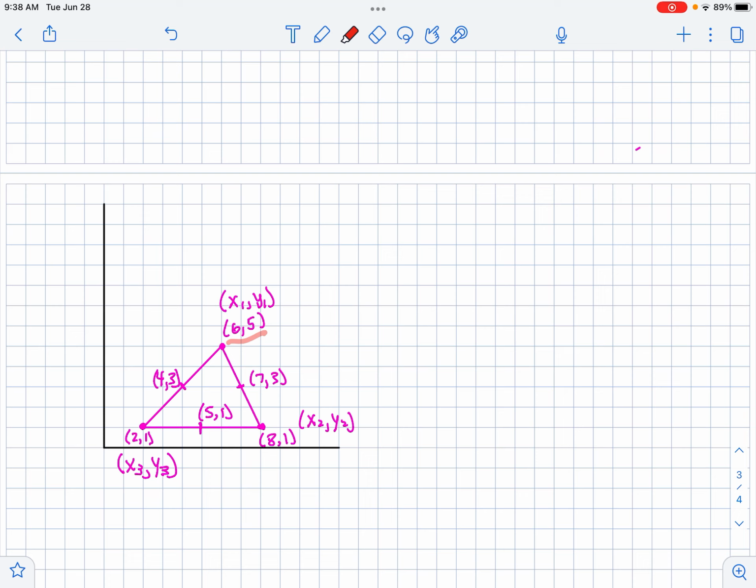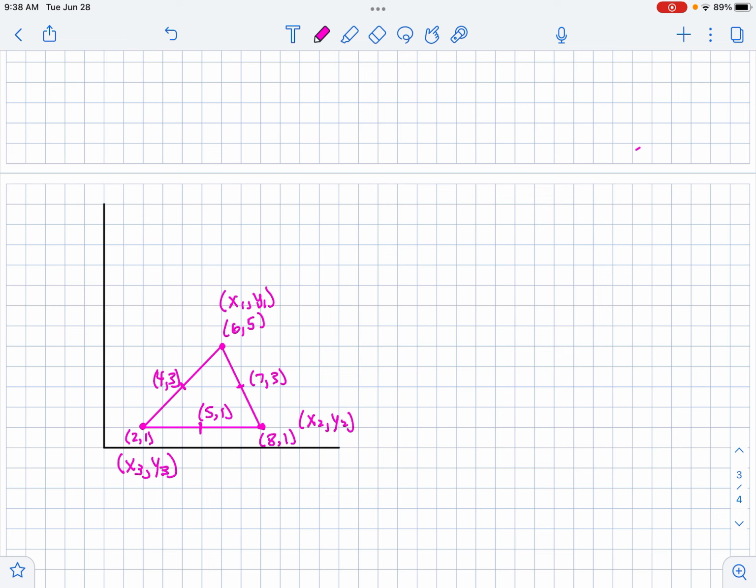Let's suppose I just know that there is a vertex there, and I'm going to call that x1, y1. And likewise, for 8, 1 down here, I'm going to call that x2, y2, and for the 2, 1, I'll call that x3, y3. I'm doing that just so that we'll see this process and how it helps you to identify the vertices if you're given the midpoints.